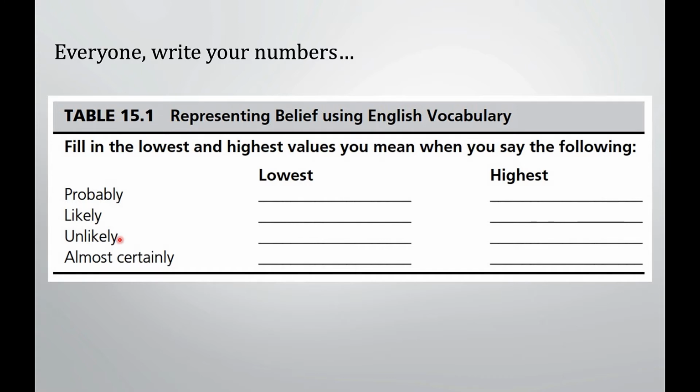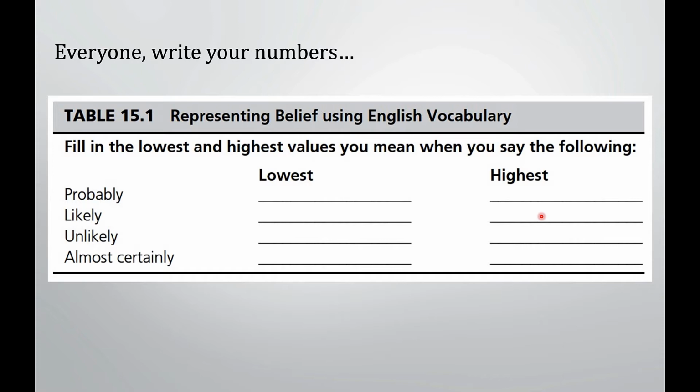I want you to pause this video now and think about the 4 words. When you say something is probably going to happen, what is the lowest probability of that event? Would you be comfortable using the word probably? And what is the highest probability of that event that will make you comfortable using the word probably? Similarly, for likely, when you say something is likely to happen, what is the lowest probability and what is the highest probability that you mean by the word likely?